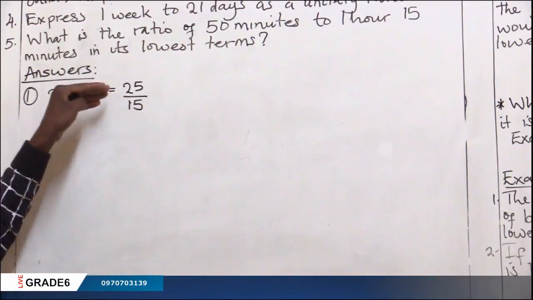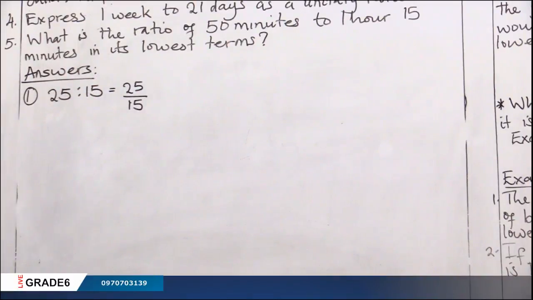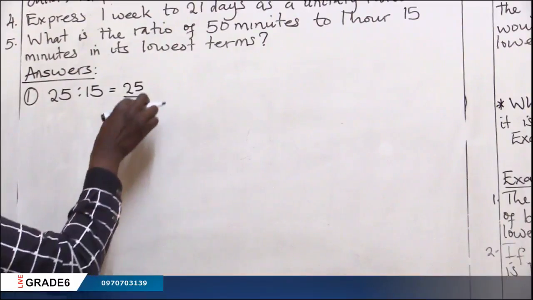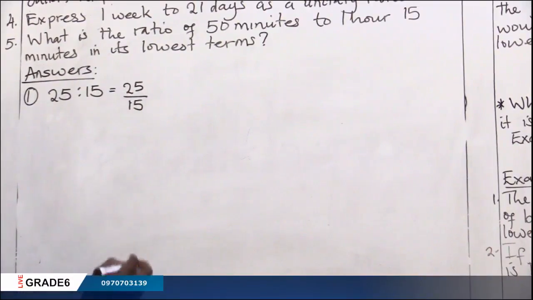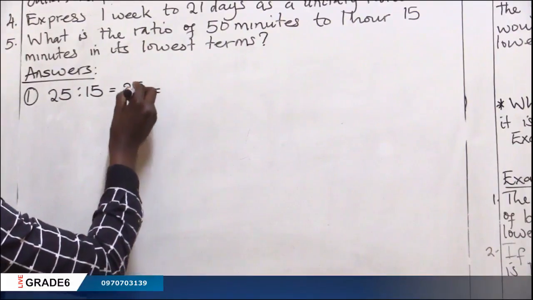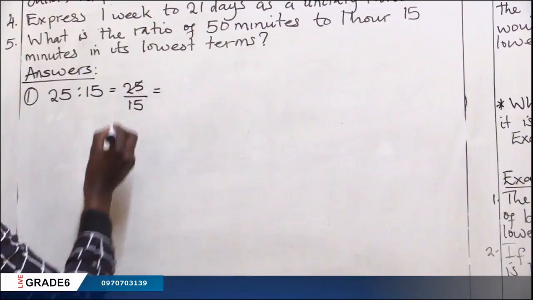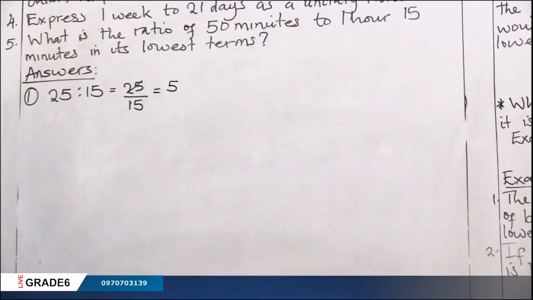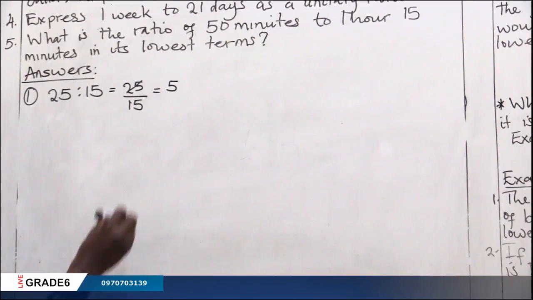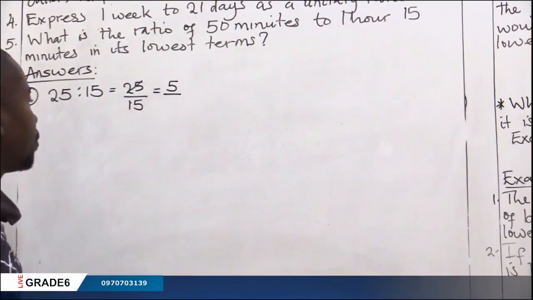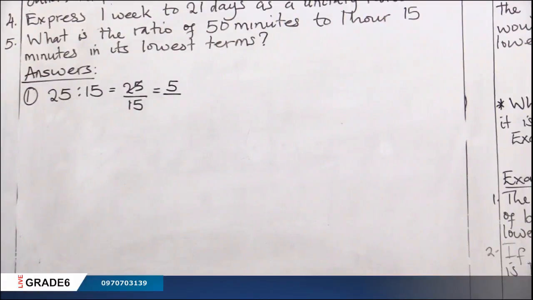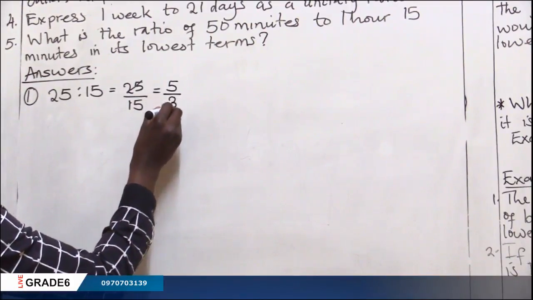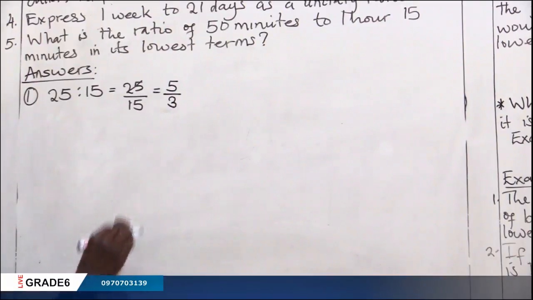That factor is 5. 5 into 25 is 5, and 5 into 15 is 3.